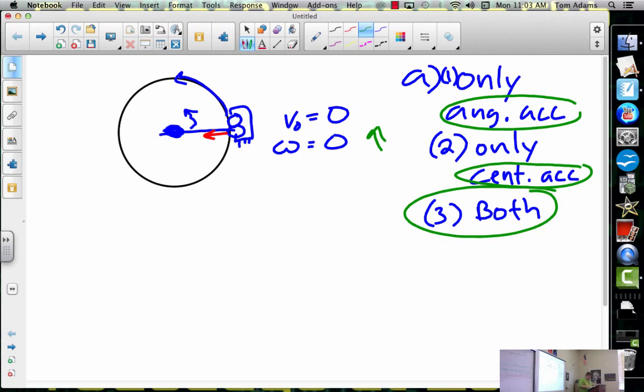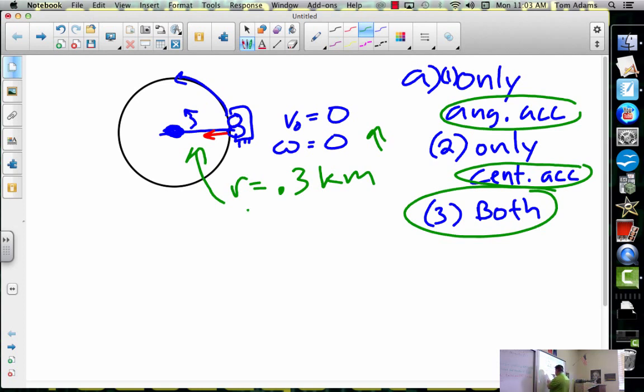If the radius of the track is 0.3 kilometers, so we're gonna say that the radius is equal to 0.3 kilometers, and the magnitude of the angular acceleration is 0.45 radians per second squared, right?